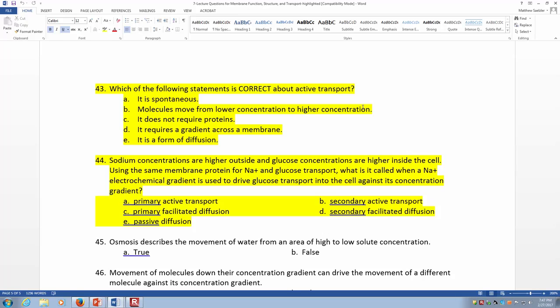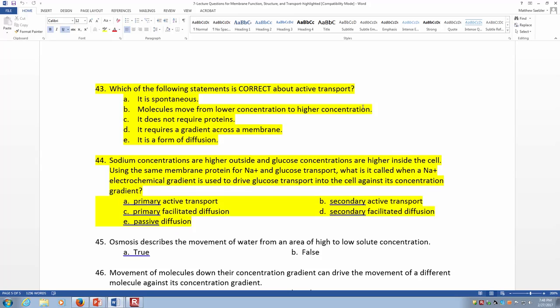I didn't tell you D, so it does not require a gradient to exist across the membrane. It is not a form of diffusion because diffusion moves down a concentration gradient. C is false because it does require proteins, specifically carriers. And A is also false because it's not something that's going to happen spontaneously. It requires the input of energy.